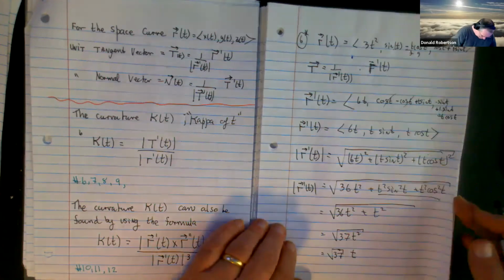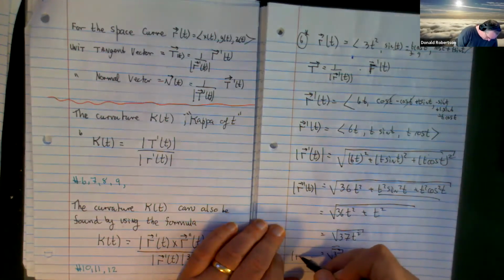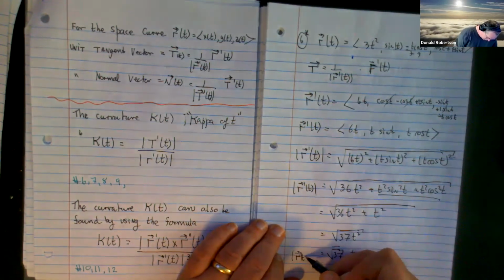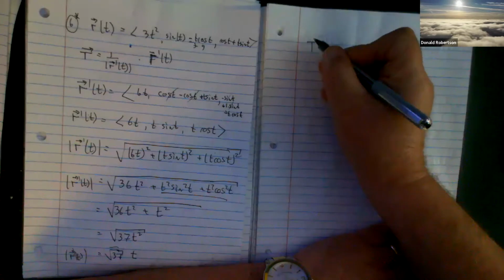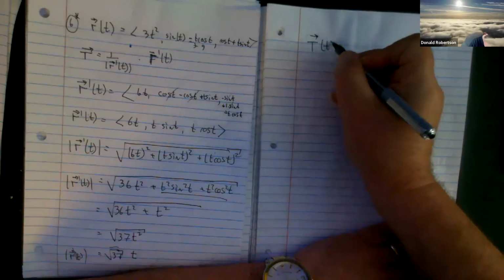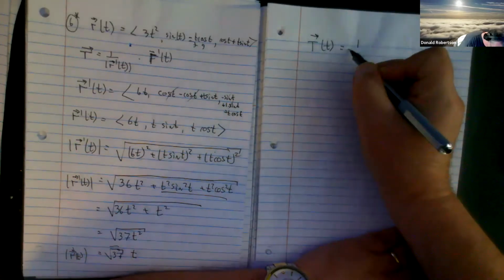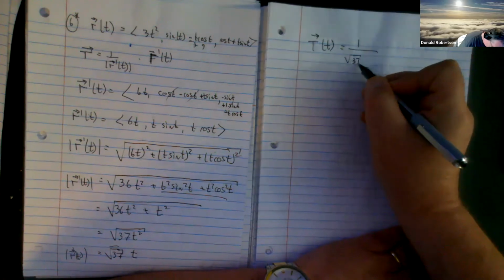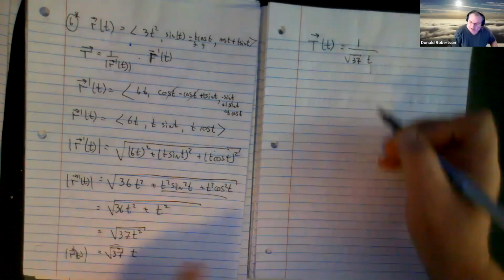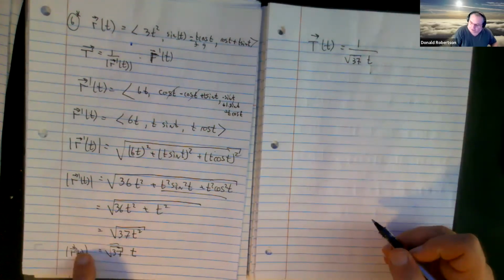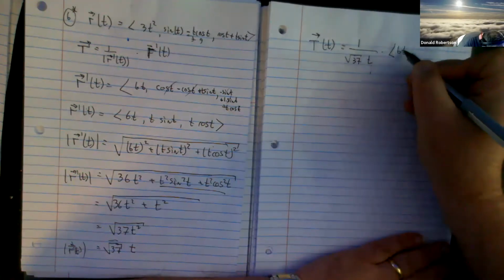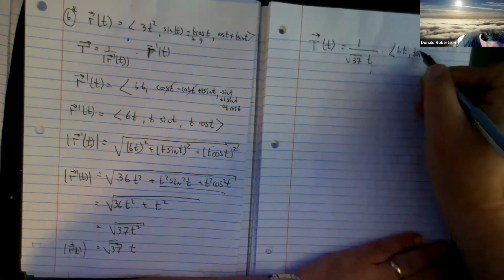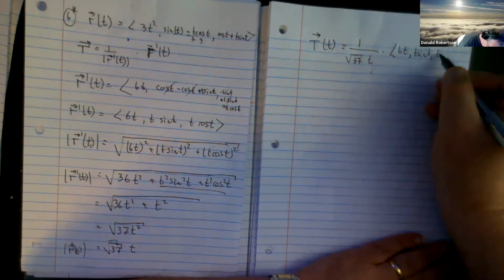Now you put the magnitude guy, which is the one we've just found, along with the original, and we will now have the unit tangent vector. The unit tangent vector is going to be 1 over the magnitude, with the derivative vector, 6t, t sine t, t cosine t.